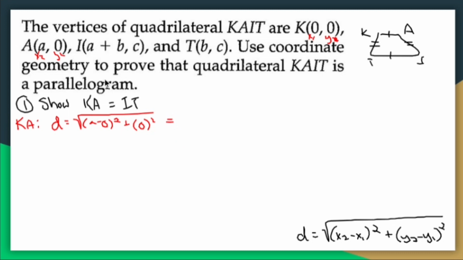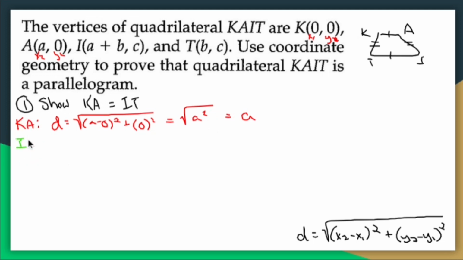I need my square root still. I don't know why I got rid of my square root. So square root a minus 0 is just going to be a squared plus 0 squared is just 0. So the square root of a squared is just a. So the distance of KA is just a. All right, I can handle that. So the distance of IT has to be a as well.